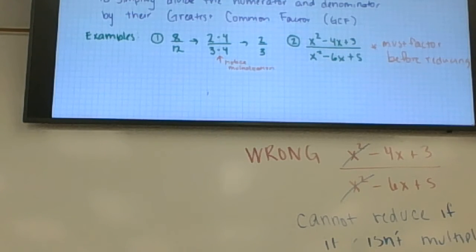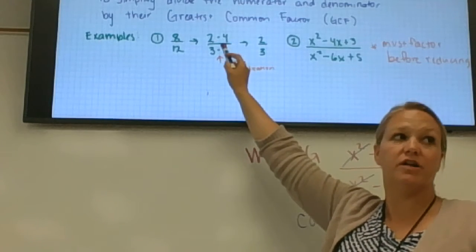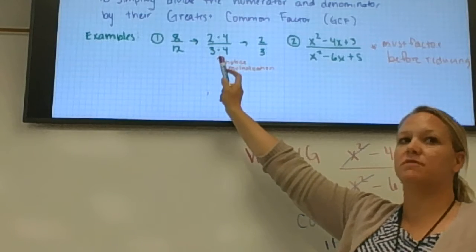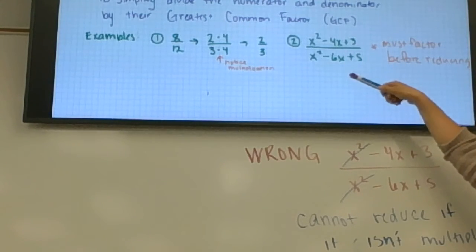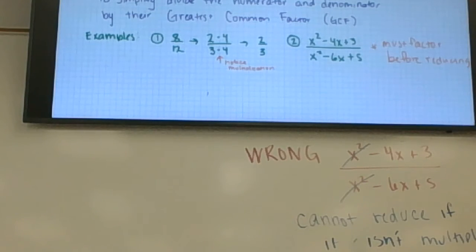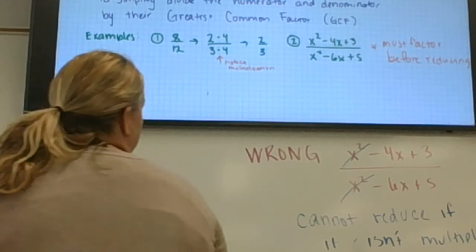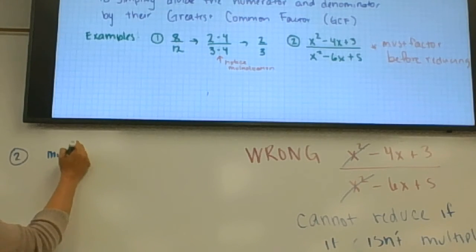Right, so breaking 8 and making it 2 times 4 is factoring. That's factoring a number. And breaking 12 and making it 3 times 4 is factoring. So we're going to factor these polynomials so that we can write them as a product, and then we will be able to reduce it. So for 2, we have to factor the top.